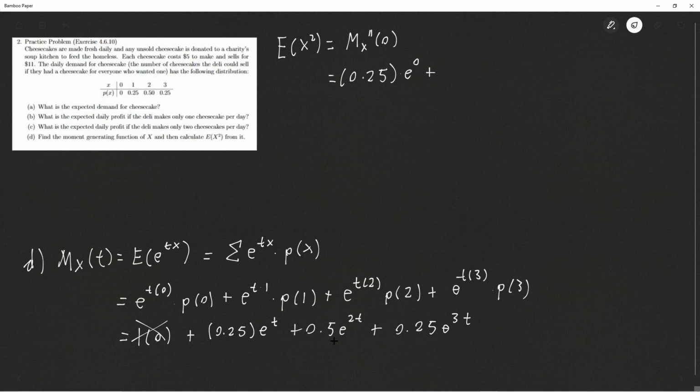And then since we needed to do the second derivative, this will be 1 e to the 2t multiplied by 2, which will give us 2 e to the 2t. But now we need to change our t to 0.